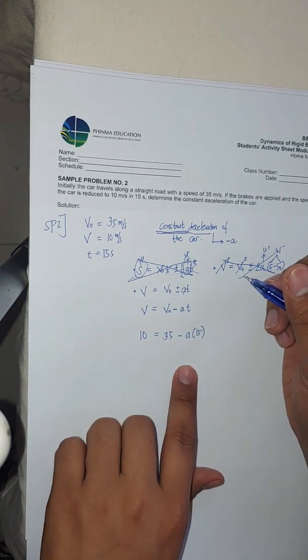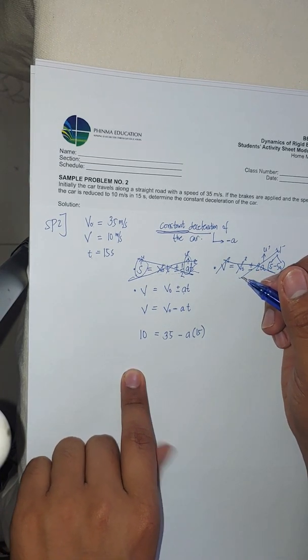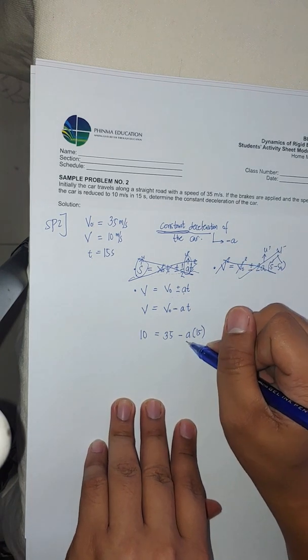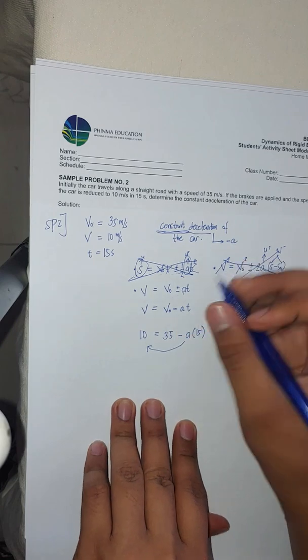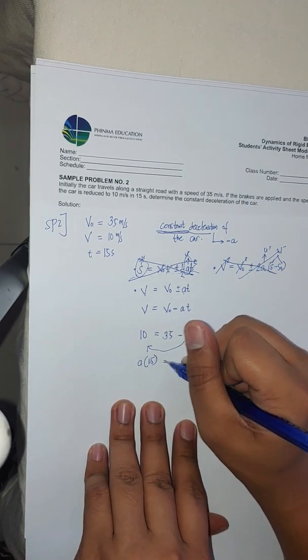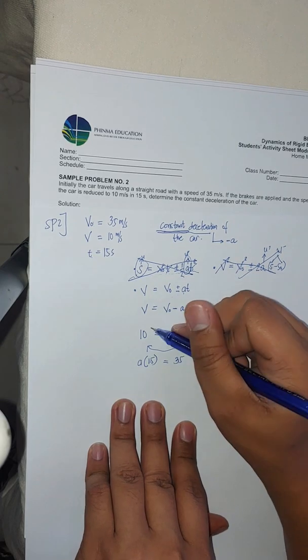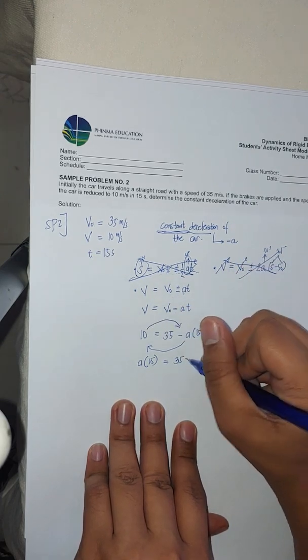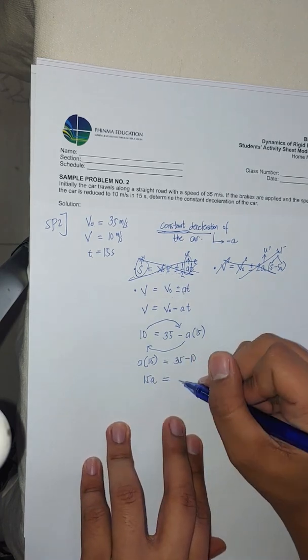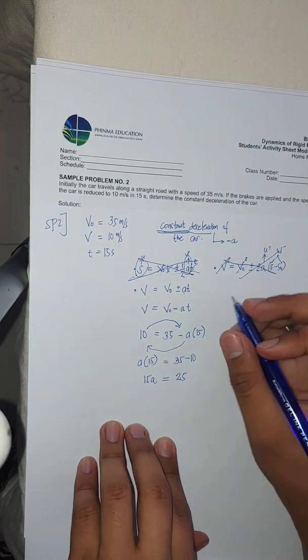So, all unknowns or variables go on the left hand side and all constants on the right. So, we transpose this to this side. This becomes acceleration times 15 is equal to 35. Transpose to this side minus 10. So, we have 15A is equal to 25.